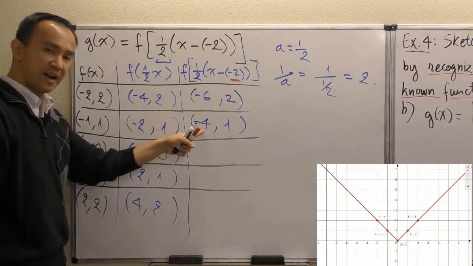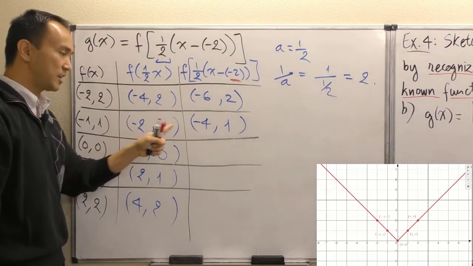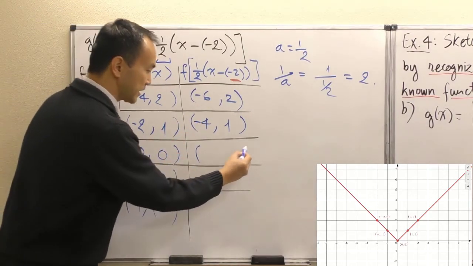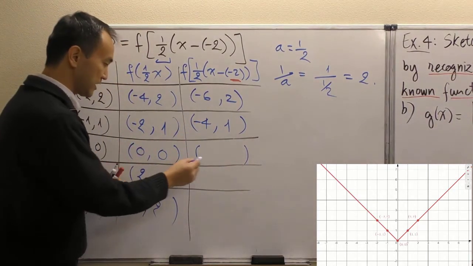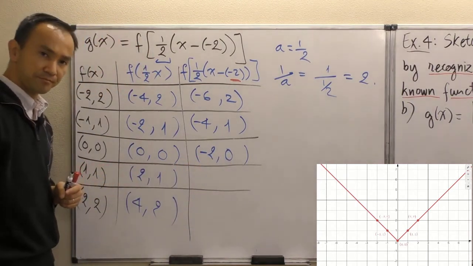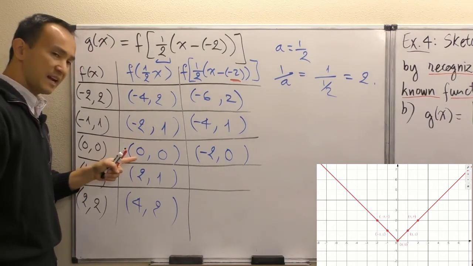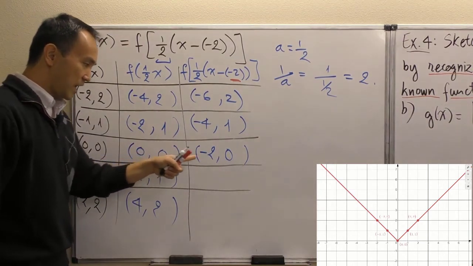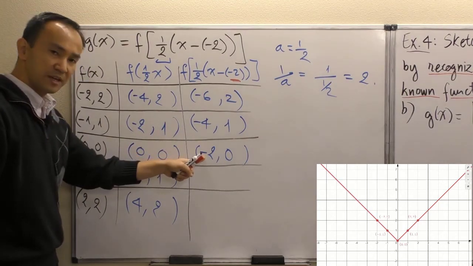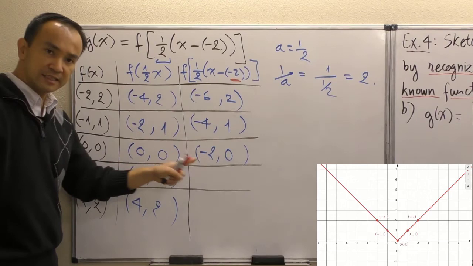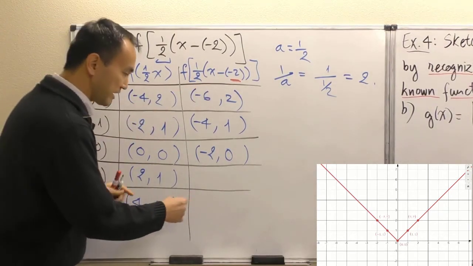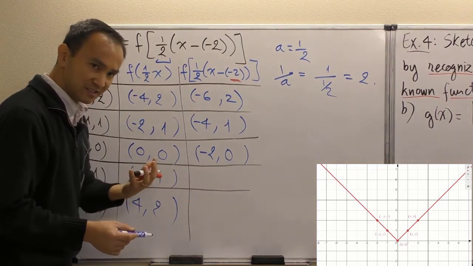The x value came out because -2 added with another -2 produces -4. The next one, (0, 0), is now transformed to (-2, 0), because the y value stayed the same, but the x value became -2 because 0 plus -2.